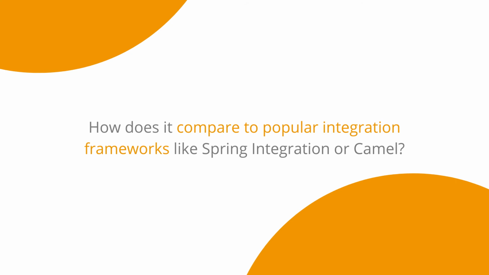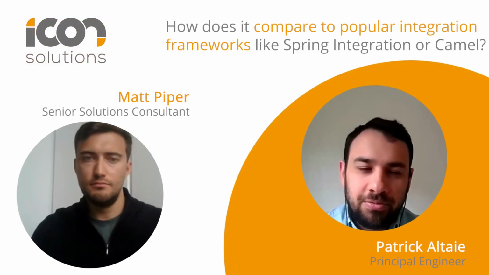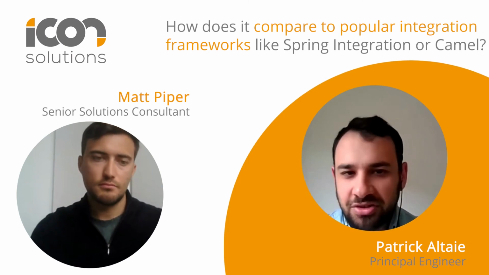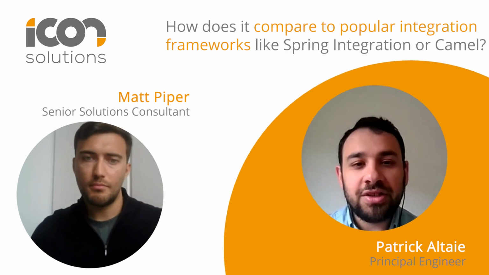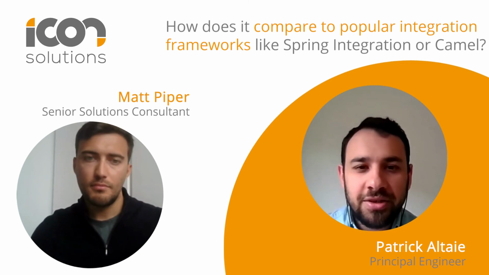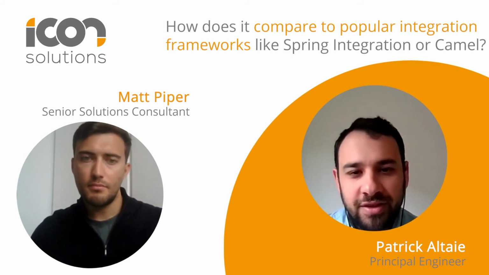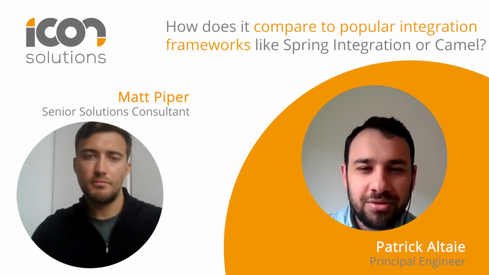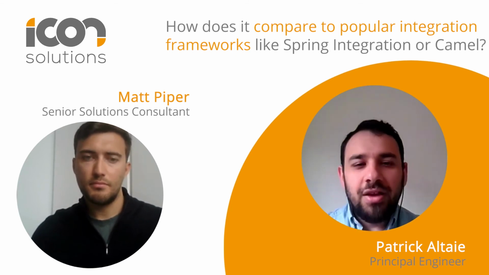Yeah, I mean, the thing is, as you mentioned, quite frequently when we're doing presentations, or when we're talking to customers about integration in general, they say, well, I already have this thing that works, or how does this compare with, for example, Spring Integration or Camel?